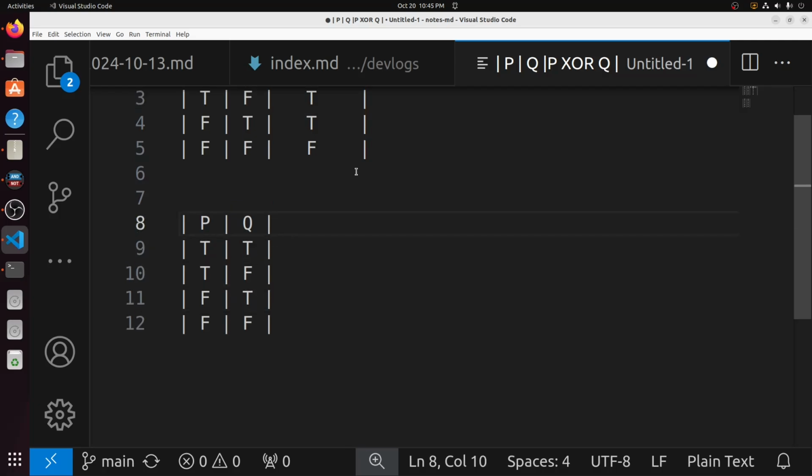In a half adder, we have two different outputs. We have a sum, we have a carry. And I'll shorten this to S and C. Our sum, if we are adding 1 and 1, will be 0, and our carry will be 1.